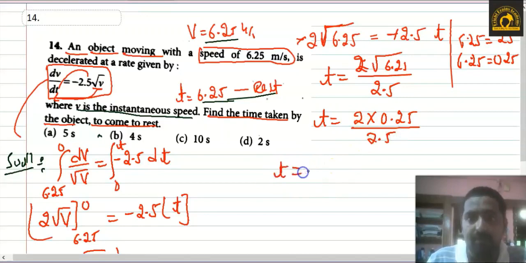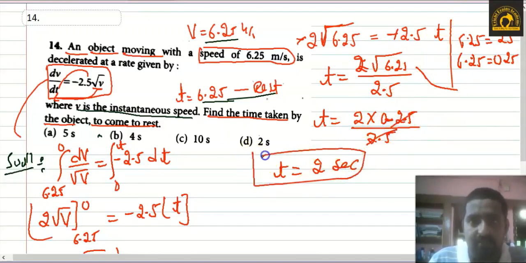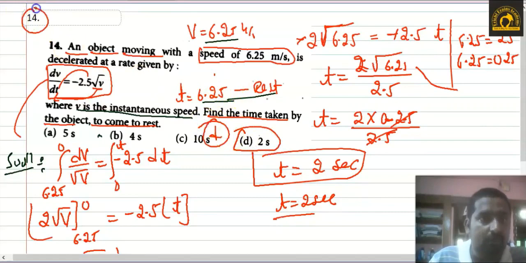Cancelling 2.5, the answer is 2 seconds. That is the correct answer for this question. So which option is correct? Option D is the correct answer for the 14th question.